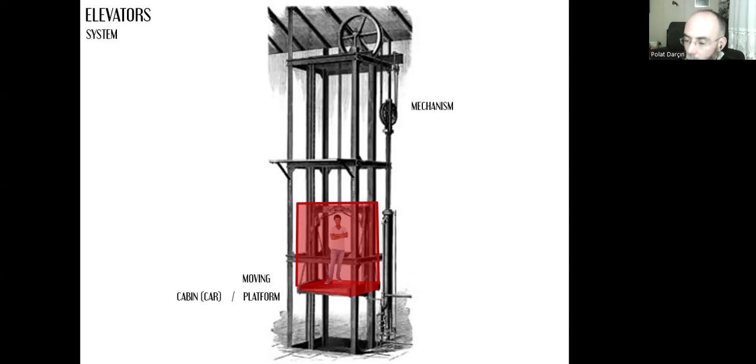And there is a mechanism that allows us to go up and down in this moving platform or cabin. Two different systems. The first one is pulling the platform from above. The other one is pushing the platform or the cabin from below.